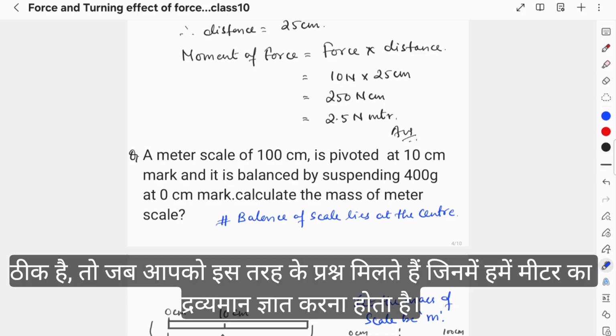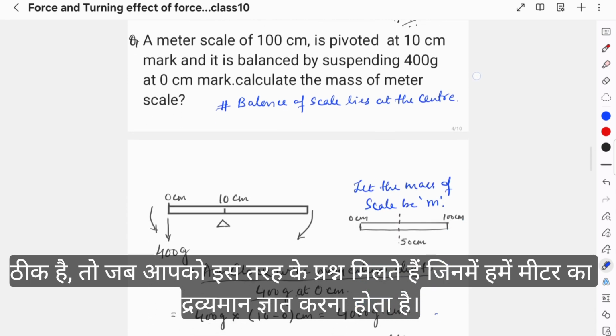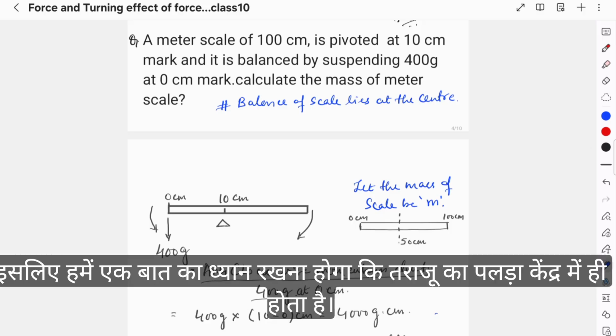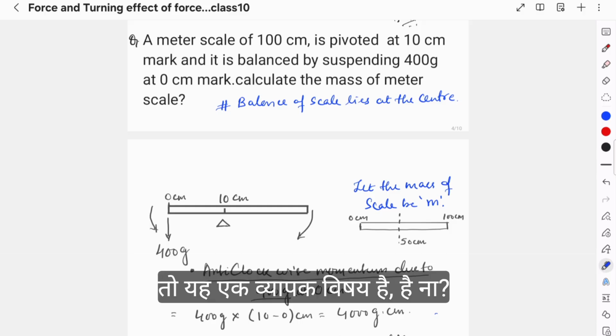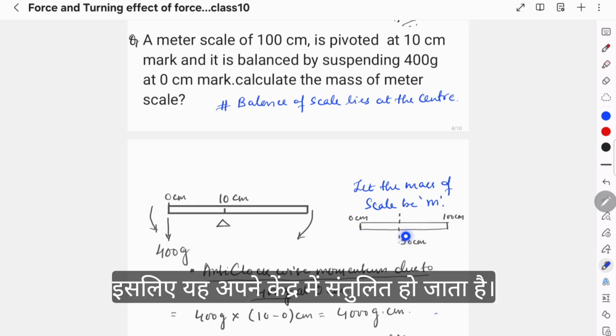When you get such kind of questions where you have to find out the mass of the meter, we have to consider one thing, that the balance of the scale lies at the center. So it is a rod kind of thing, isn't it? So it gets balanced at its center.